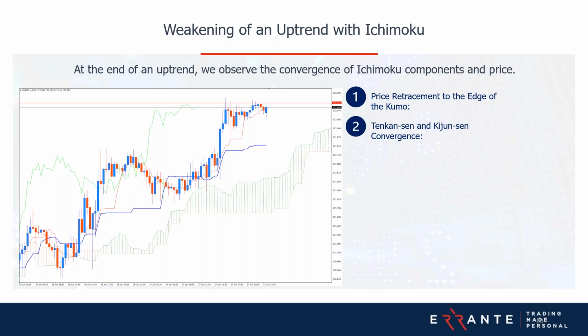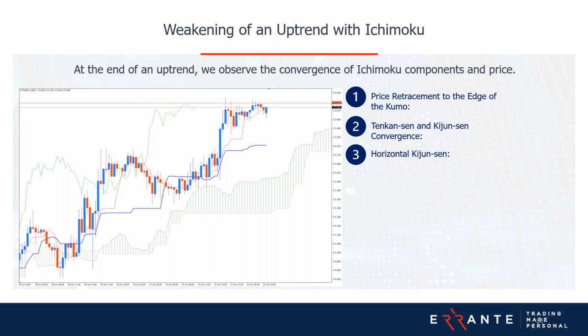Then we have a horizontal Kijun-sen. A horizontal Kijun-sen indicates a period of consolidation and serves as a strong support level, specifically if we have the price somehow interacting with the Kijun-sen. When the Kijun-sen flattens out, it signifies that the market is stabilizing after a period of upward movement.